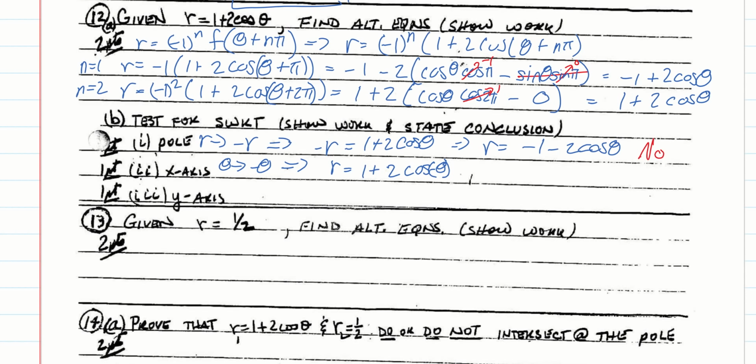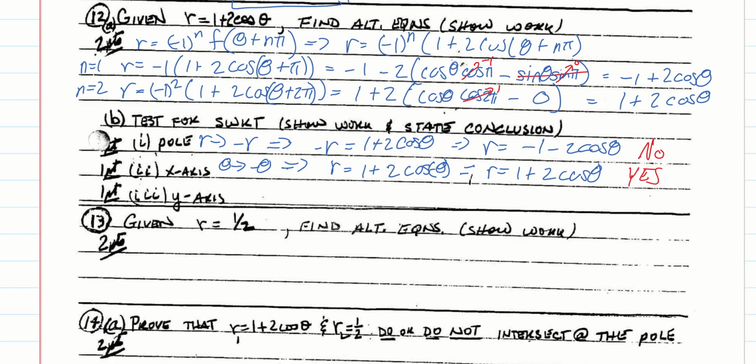So we know that this is going to equal the same equation we had before. So r is going to equal 1 plus 2 cosine theta. So yes, it is symmetric since it matches up with this equation here. So it's the same as the original equation.